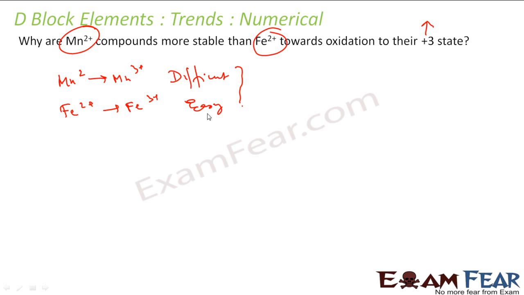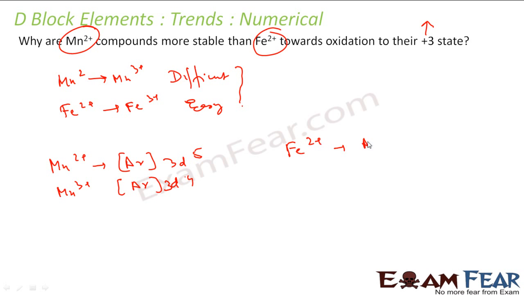Let's see the electronic configurations. Mn2+ is argon 3d5, and Mn3+ is argon 3d4. Let's talk about iron. Fe2+ is argon 3d6, and Fe3+ is argon 3d5.